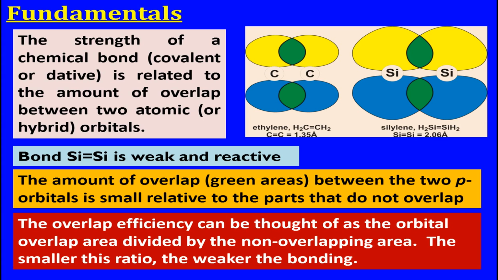If we compare, for example, the sigma bond M-L and the pi bond M-L, for the sigma bond the efficiency is close to 1, so 100% overlap. So the sigma bond M-L is stronger than the pi bond M-L.